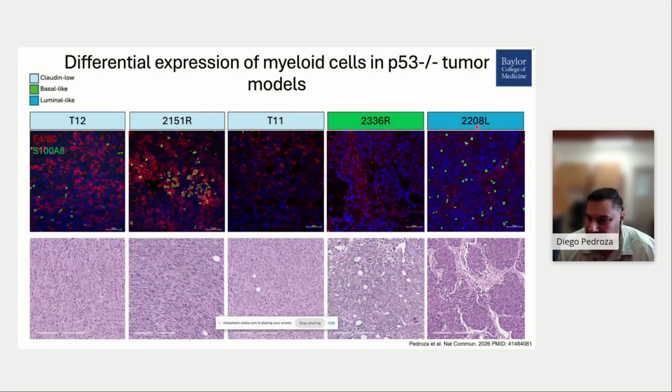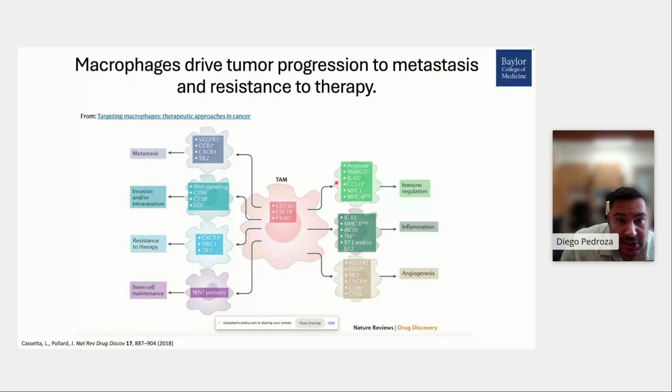And again, in the 2208L model here, the more basal-like, you can see more neutrophils compared to the claudin-low models. So it became apparent to us that these macrophages were playing a role in the development, or at least resistance, in cancers. So these tumor-associated macrophages, again, they have different levels of markers.